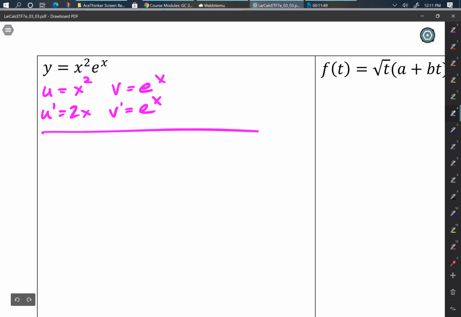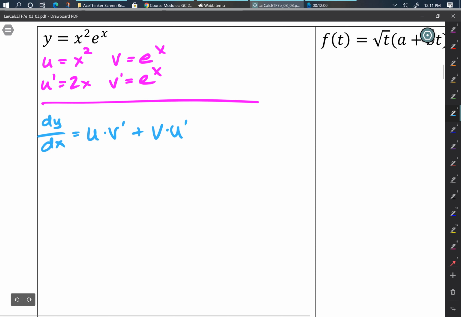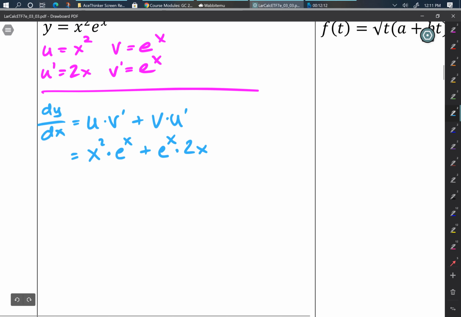So then putting it all together, the derivative of y with respect to x is going to be u times v prime plus v times u prime. U is x squared times v prime, e to the x, plus v, e to the x, times u prime, so times 2x. Okay.